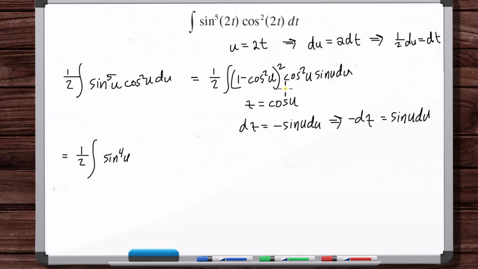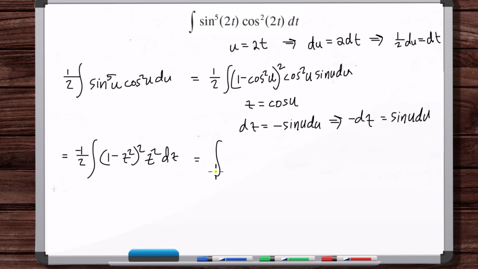Now this substitution is going to work because z is cosine u, so we've got 1 minus u squared, squared, and then we've got u squared, and then what do we have? Sine u du, that's minus dz. Oh, wait, this is z. We have 1 minus z squared, squared, z squared, and then minus dz. So I'm going to put dz and then bring the minus here.